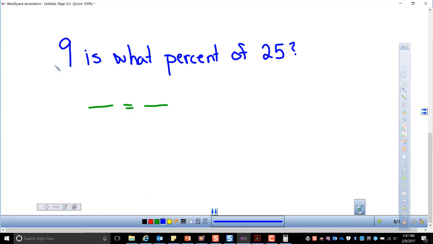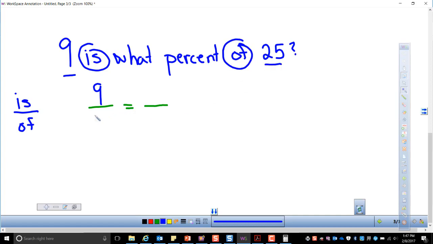So 9 is, that goes on top. The is goes on top. The of goes on the bottom. 9 is what percent of 25? So of goes on the bottom. On the bottom here is always 100. And then our question says what percent? So I'm looking for a percent, so I'm going to use P for percent.